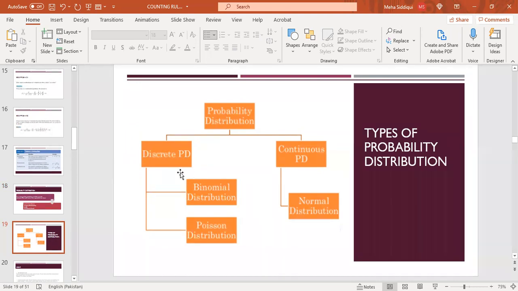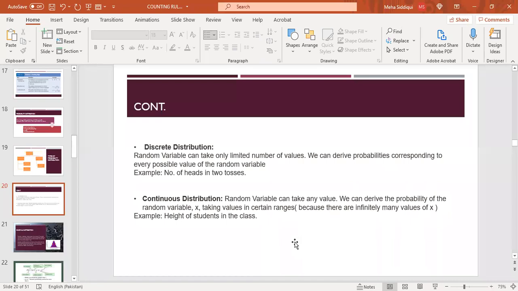Discrete probability distribution is further divided into binomial distribution and Poisson distribution, and continuous probability distribution is further explained as normal distribution. As we have discussed the normal distribution and Poisson distribution in our previous lectures, today we will discuss the binomial distribution in detail.